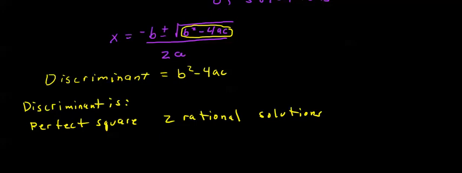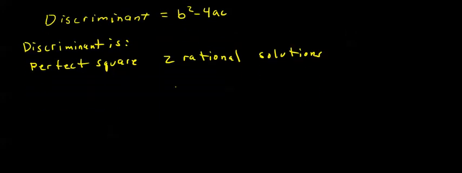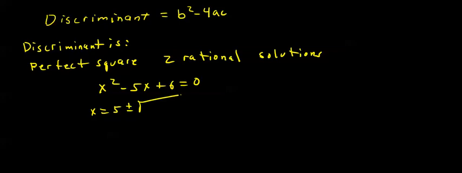For example, x squared minus 5x plus 6 equals 0. In the quadratic formula, we have x equals the opposite of b plus or minus the square root of b squared minus 4 times 1 times c, all over 2a.